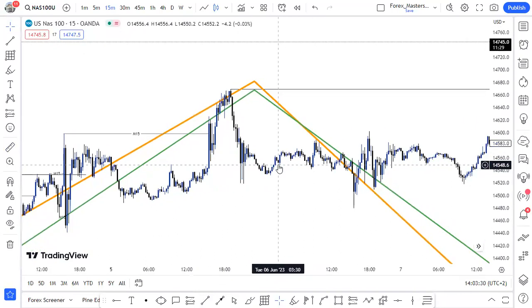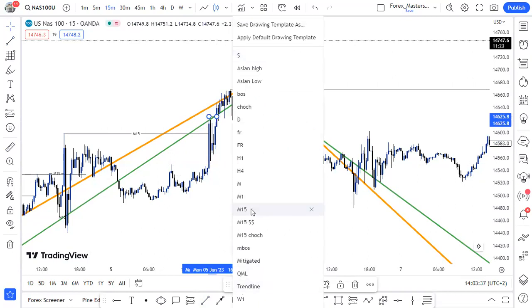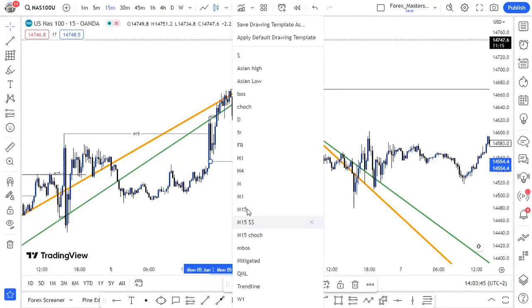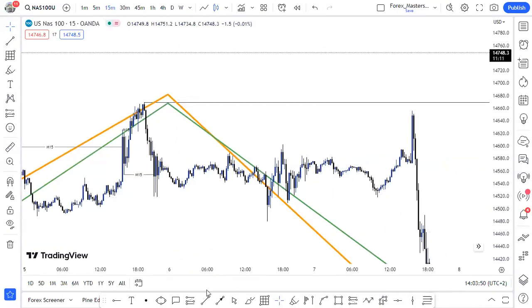All right, so we had another break of structure to the upside, and then we break structure to the downside. Okay, so then we break structure to the downside. And what happened? Again, we break structure to the downside right here.